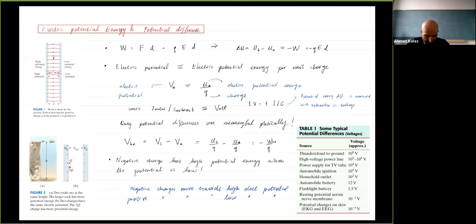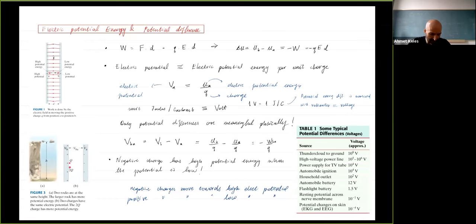If Q multiplying this is negative, that means a negative charge has a high potential energy when the potential is low. For a positive charge, it's the opposite. So negative charges move towards the high electric potential, positive charges move towards the low electric potential.